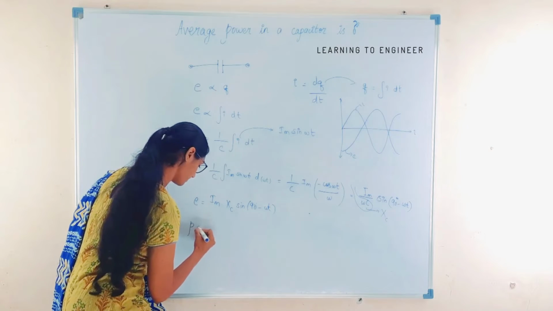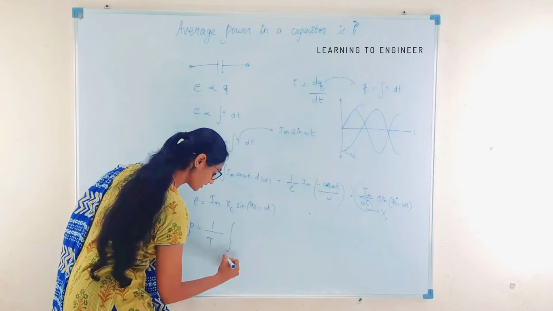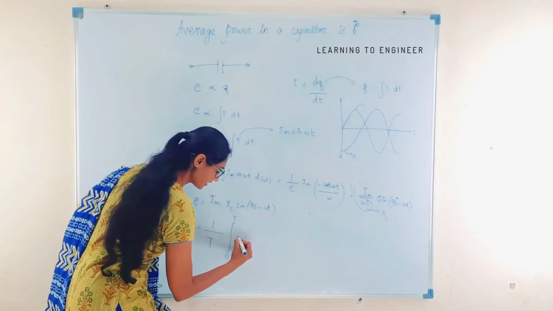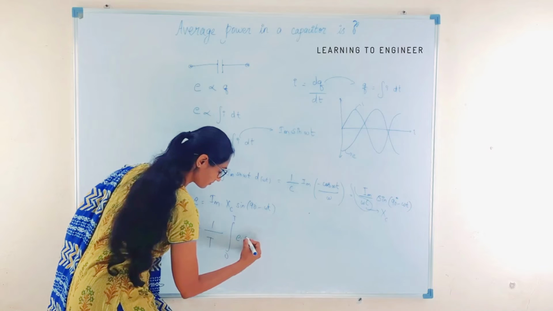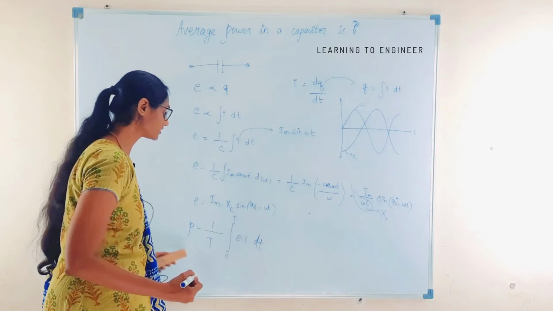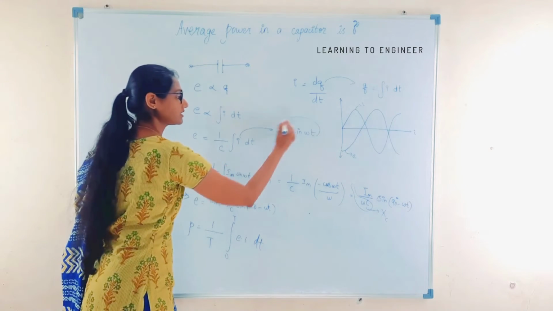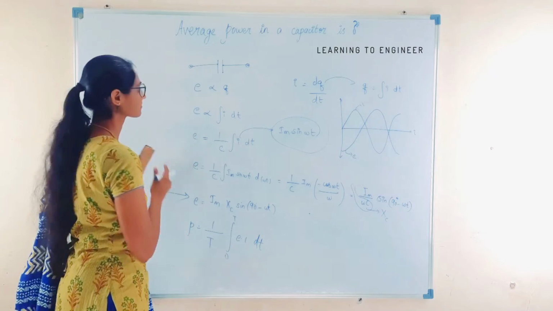The average power will be 1 divided by the time period of the waveform into the integral from 0 to the time period of the instantaneous EMF multiplied by the current with respect to time. Okay. We will use this equation using this instantaneous EMF and this instantaneous current.